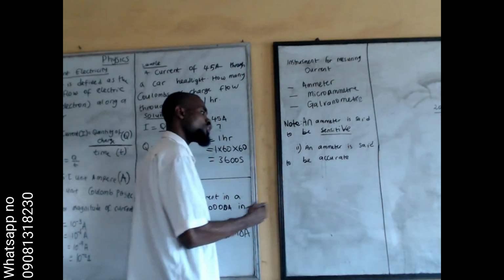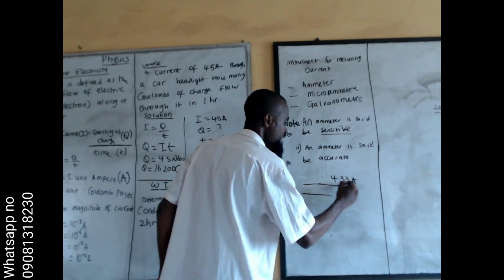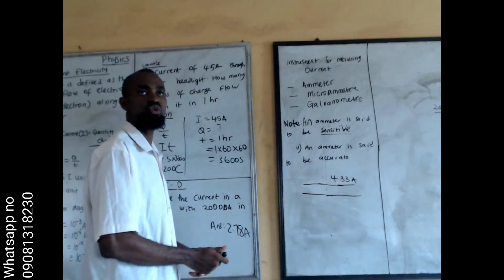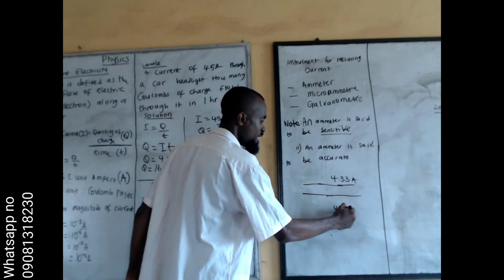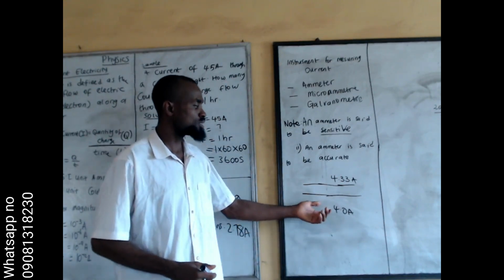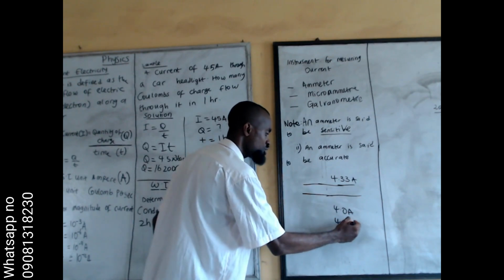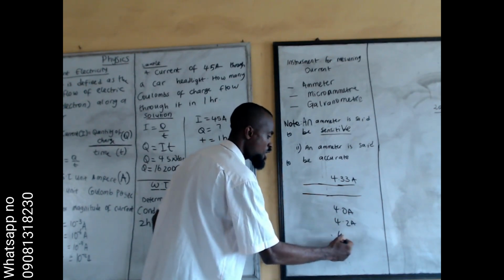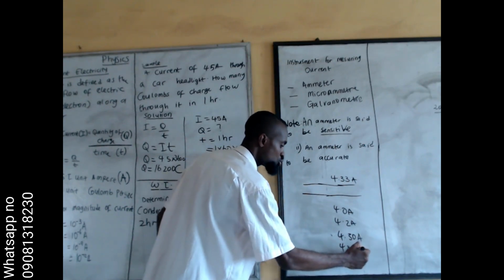For example, if the current flowing through a conductor was actually 4.33 ampere, this is the actual current flowing through the conductor. But when you use an ammeter to measure it, you're not getting 4.0 ampere. Though the approximation is correct, you still see a value like 4.2 ampere, 4.30, 4.322 ampere.